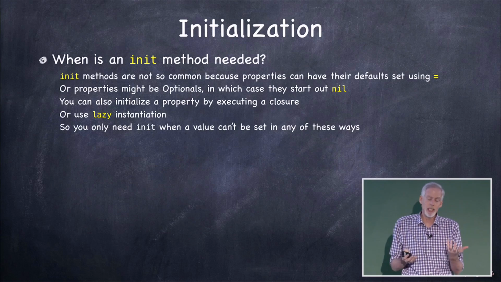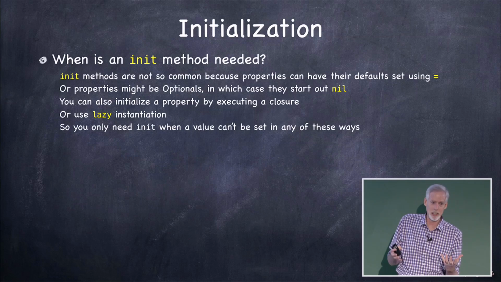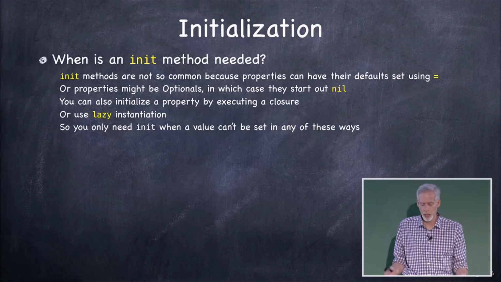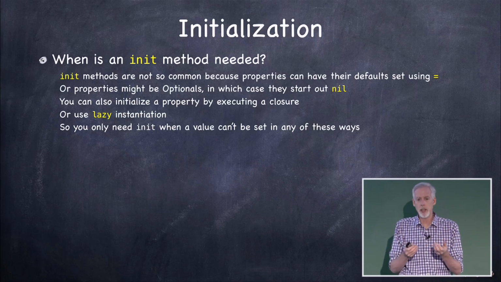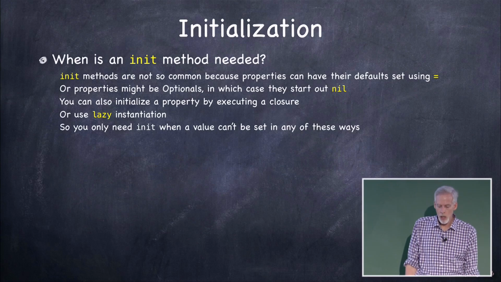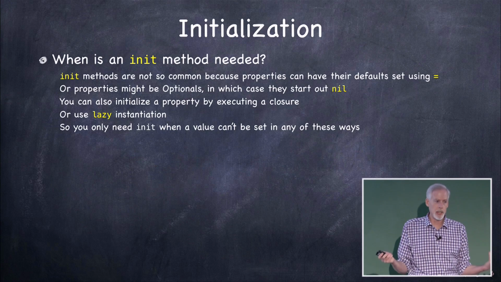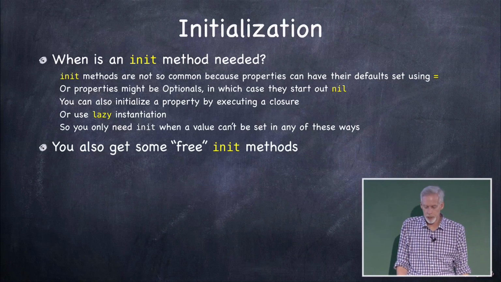And frankly, most people try to design their classes and structs so they don't need an init. So you can just create them with an init with no arguments, which you get for free. Or in the struct case, maybe you just do what we did in the demo where you init it with the values of all the things in the struct.